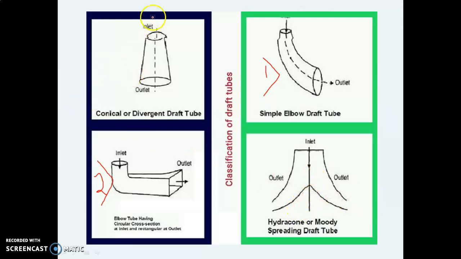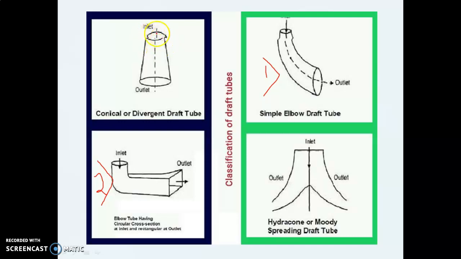Now at the exit of the runner, when the pressure energy has been converted into kinetic energy, there is a lot of energy left at the exit, which gets lost. Now what happens here?